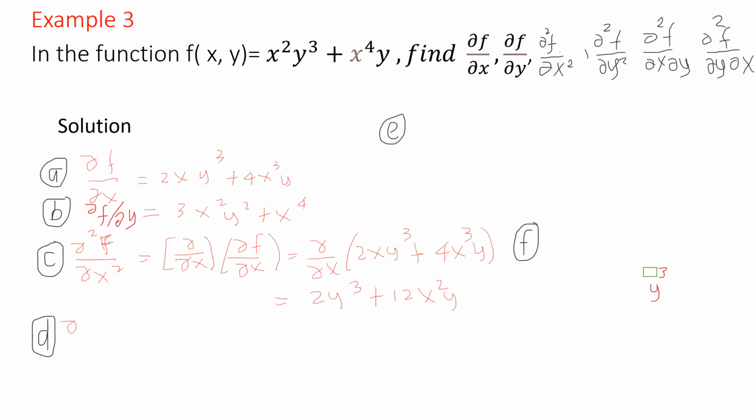Then this one, the second partial derivative of the function with respect to y.